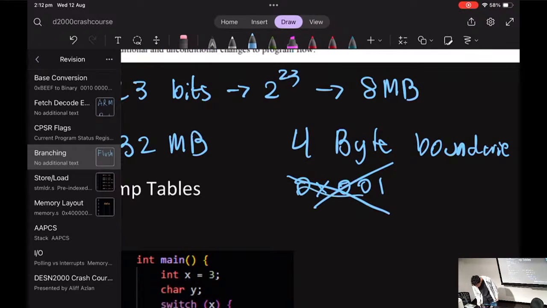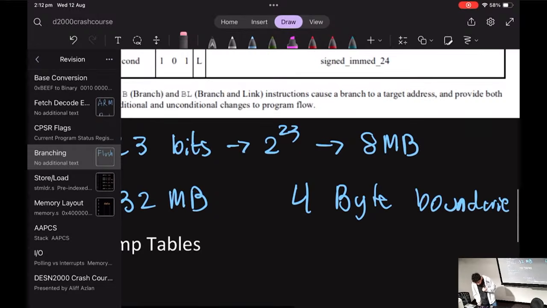So what does that mean? It means we can never have an instruction offset that isn't a multiple of 4, right? So instead of just having 2 useless bits at the end, because if it's a multiple of 4, it means the last 2 bits must be a 0.